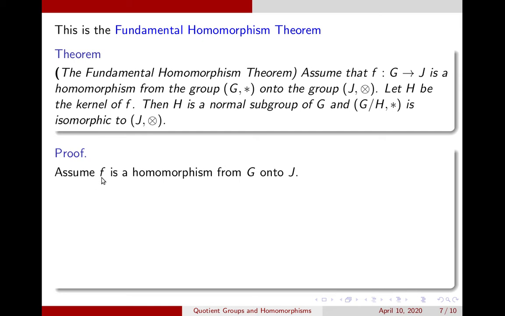Okay, so we're assuming f is a homomorphism from G onto J. So f takes elements of G as inputs and gives us elements of J as outputs.